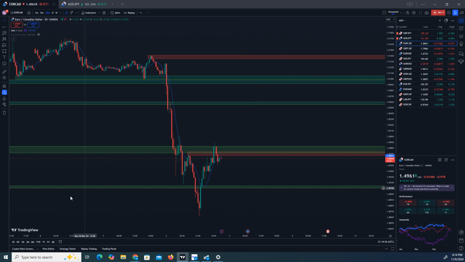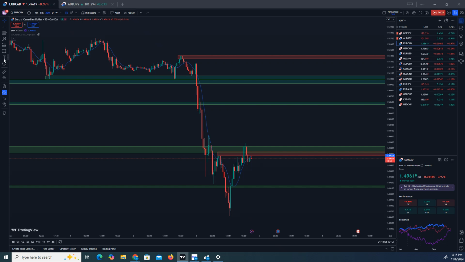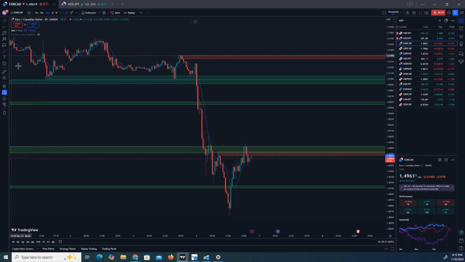Now this is the logic I would love to see play out before I'll be interested to buy. The logic is this: I'd love to see the price go up from this level, then come down here for a retest and a push up again, then come down here for a retest and a push up again, and come down here for a retest.